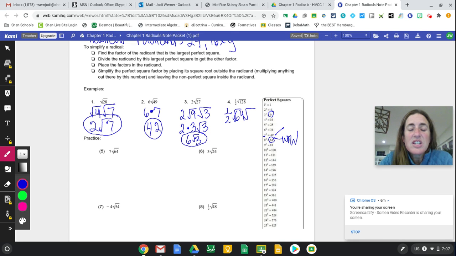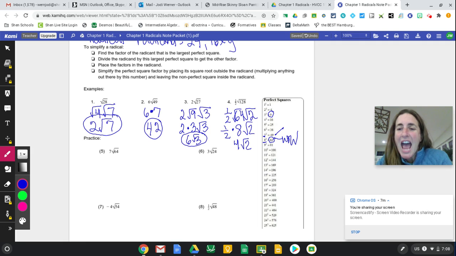So if I do 64 times 2, that gives me 128. Now I haven't worked with that half yet, but I'm going to take half. The square root of 64 is 8. So I'm going to take half, times 8, and radical 2, who is not perfect, stays underneath. Half of 8 is 4, radical 2. That's so much fun. I love it.